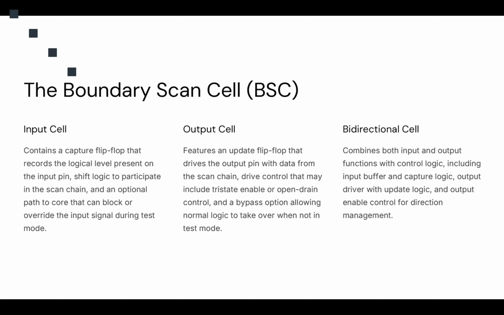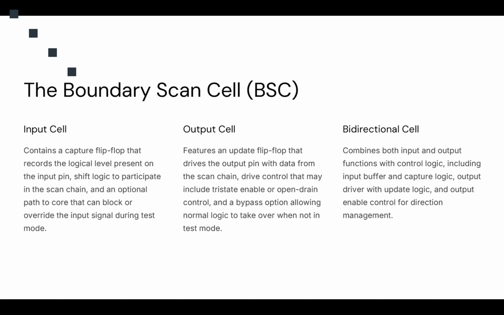We call it the TAP controller. We are going to talk about what the TAP controller is. During the test mode, this input cell blocks and overrides the normal function of the logic. So it blocks the output of the core logic to the pins, and applies the test vector that we injected through the TDI that we mentioned, and observes the system.